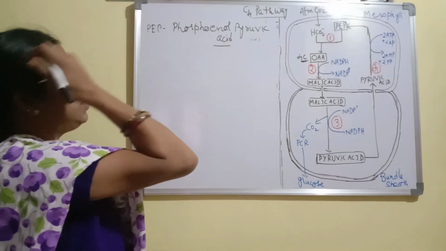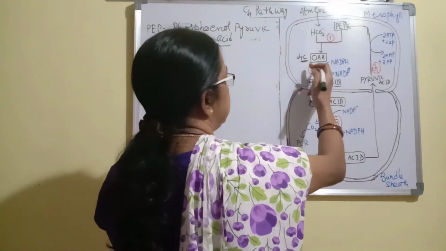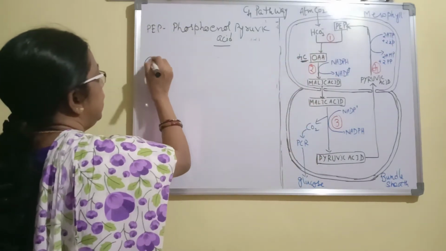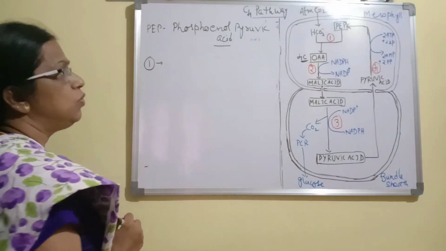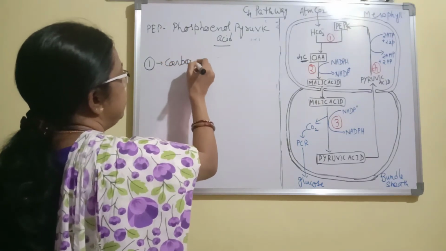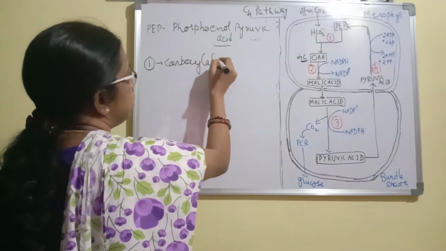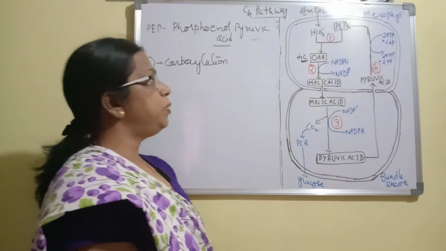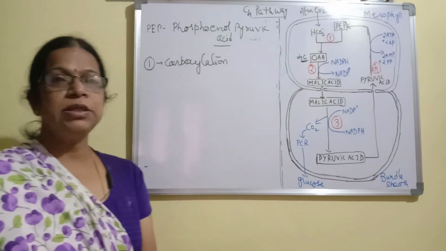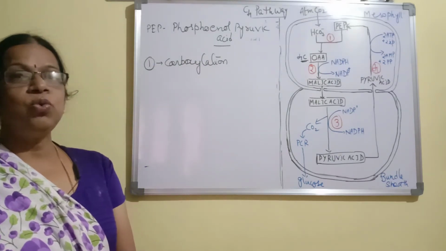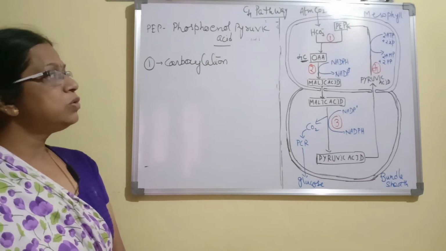Here I have numbered the reactions. The first reaction is called the carboxylation reaction, because there is an addition of carbon dioxide to PEP, the primary acceptor of carbon dioxide, and it is converted into a 4-carbon compound, oxaloacetic acid.